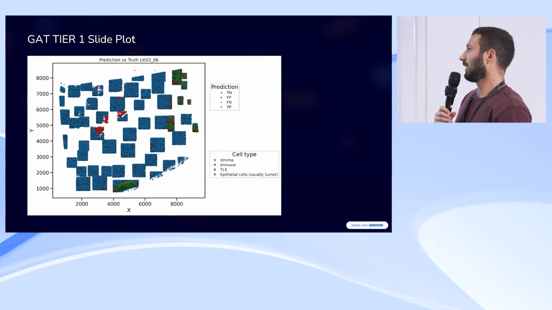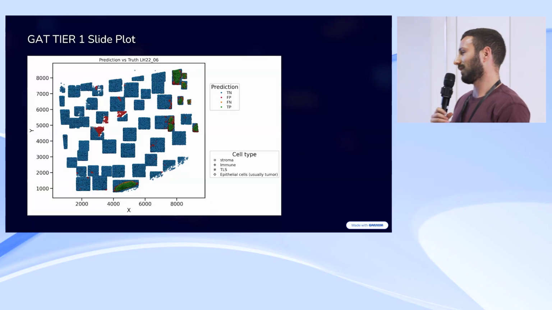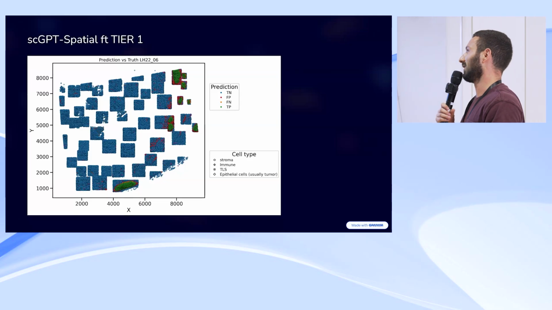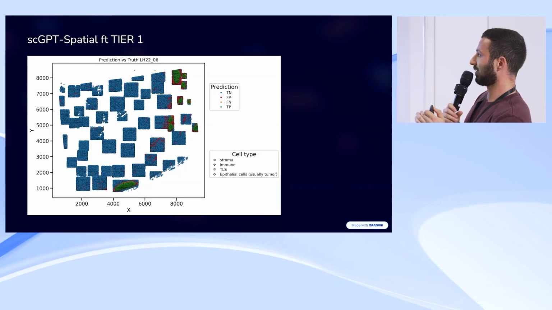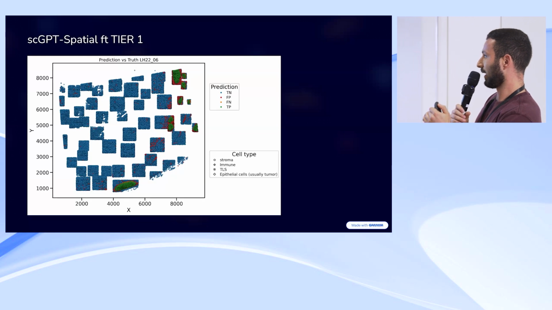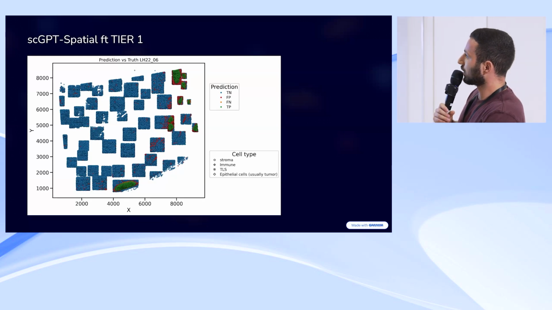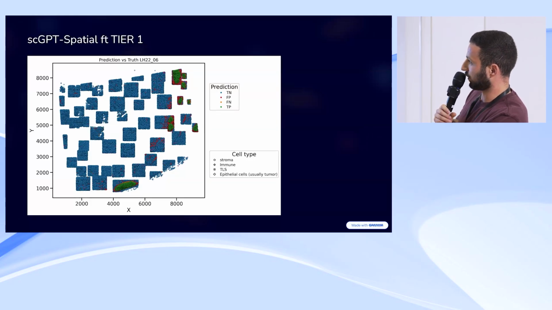So this is it. And if we look at the other model, let's take, for example, scGPT spatial fine-tune. Because the model predicts row-wise and not based on graphs, the false positives, the reds, are disorganized.